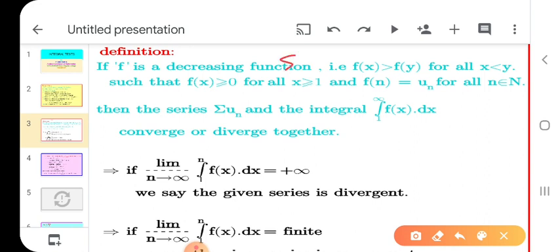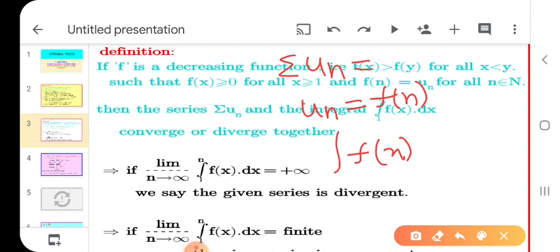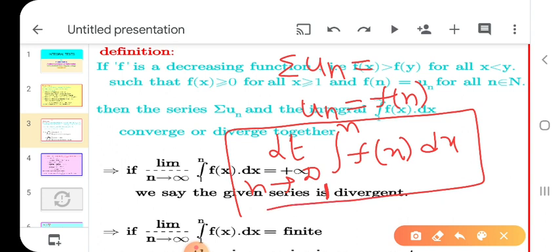First, let the given series be summation un. After that, let un equal f of n. Now I write the value of f of x and find the integral from 1 to n of f of x dx. After finding this integral, now I find the limit as n tends to infinity. This is the procedure.